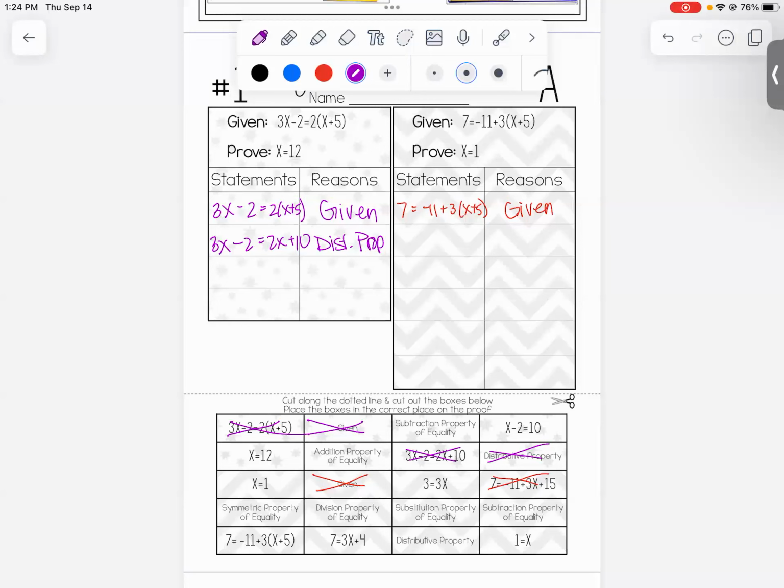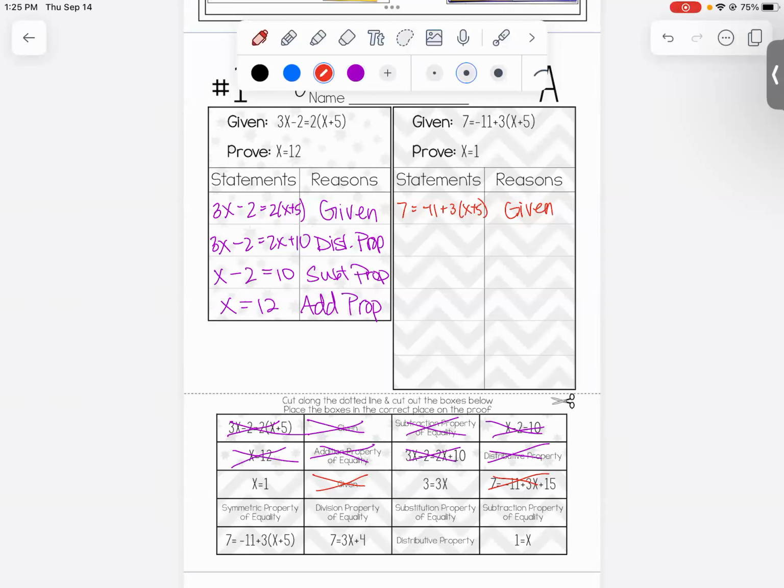To get x minus 2 equals 10, minus 2x. Okay, and then to get x equals 12, we had to use the addition property, right? Maybe you would have added 2 and then subtracted the 2x. It's okay when you're in control if those are in a different order. It's fine.